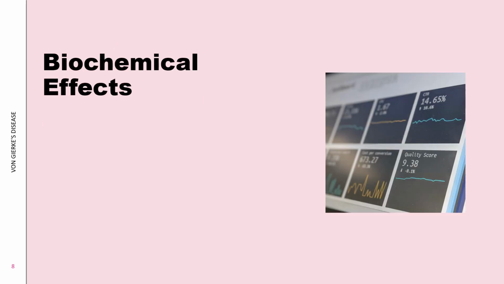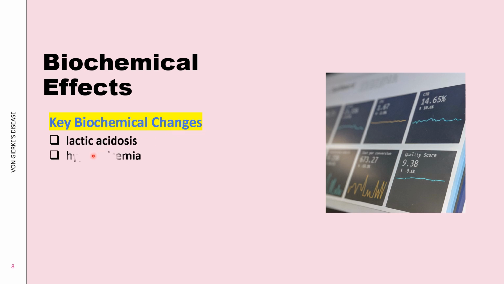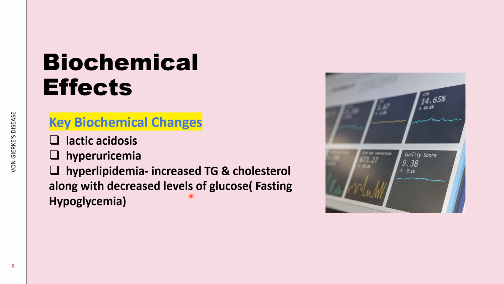So what are the various biochemical effects in the patients of von Gierke's disease? The key biochemical changes in these patients include lactic acidosis, hyperuricemia, hyperlipidemia due to increased triglycerides and increased cholesterol levels, along with decreased levels of fasting glucose leading to fasting hypoglycemia.